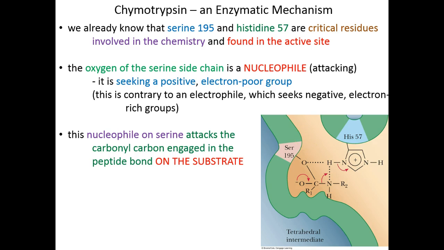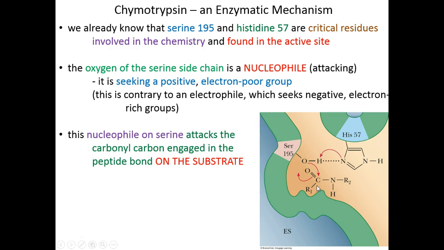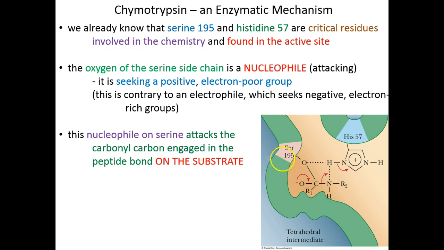This is histidine 57's job in the enzymatic mechanism, to serve as a holder of serine's hydrogen. The other thing that occurred is that the double bond that was previously present between this oxygen and the carbon, that double bond we see here, has been reverted to a single bond because carbon can only make 4 bonds at any one time. Since there's only a single bond holding this carbonyl carbon to its oxygen, this oxygen is now negatively charged, and it is not happy.